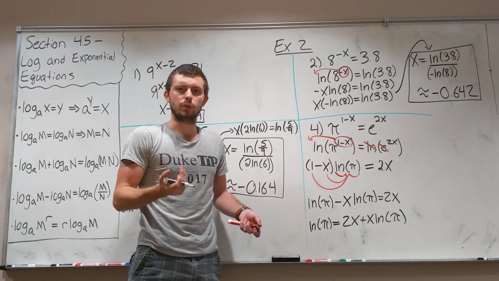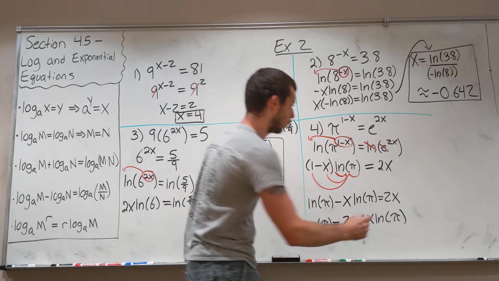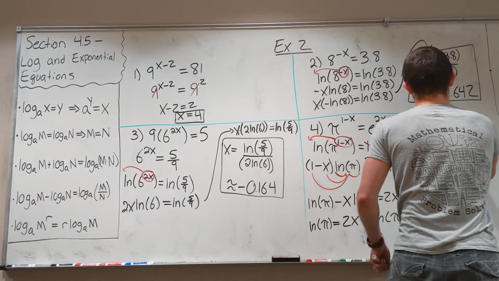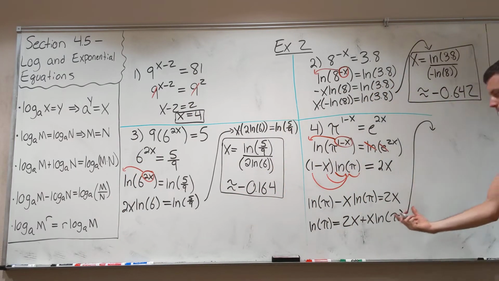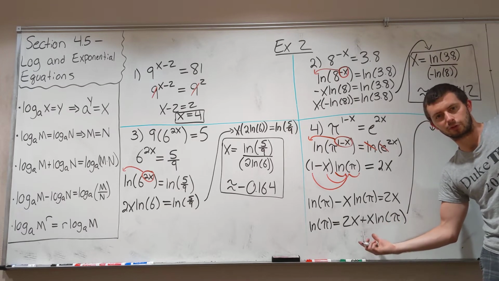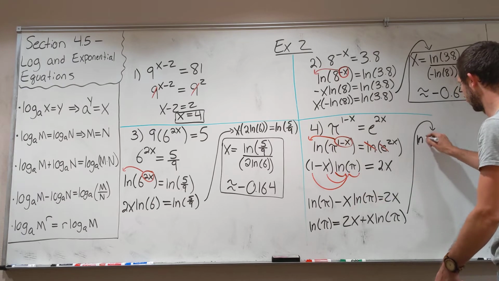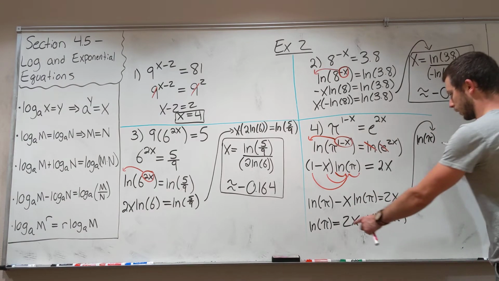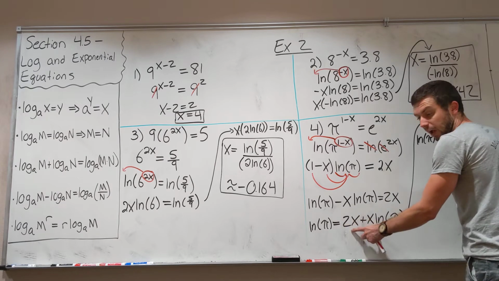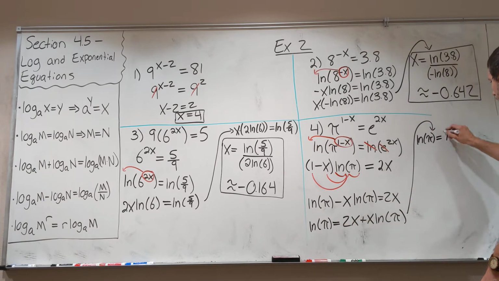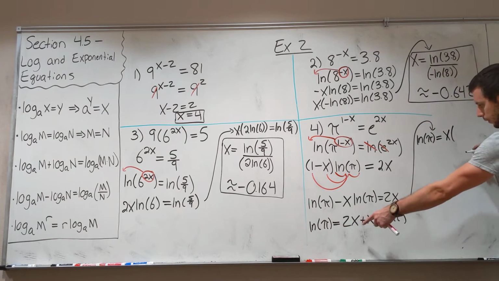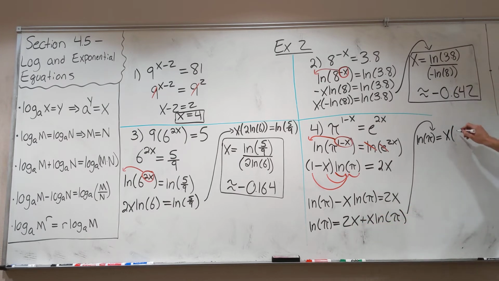And the reason why we do that, we've done this a few times before, is because now everything on the right, we forced it all to have an x in common. So ln of pi stays, and that's equal to, we can factor out the common x. And when we do that, we're left with 2 plus ln of pi.